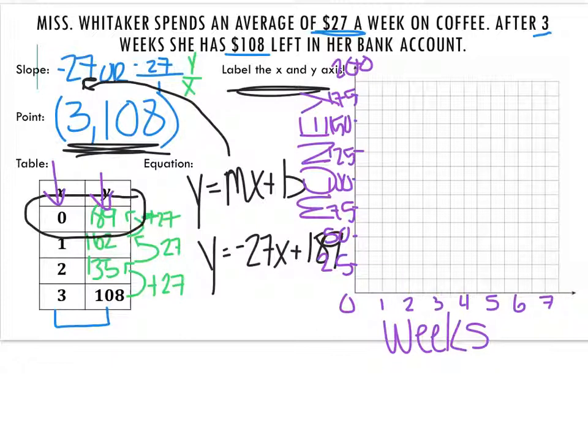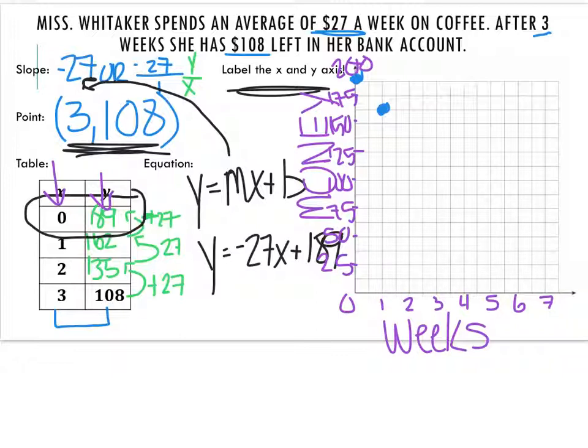So my y-intercept was 0, 189, which we know is like here-ish. And then after 1 week, I'm down to $162, which is like here-ish.